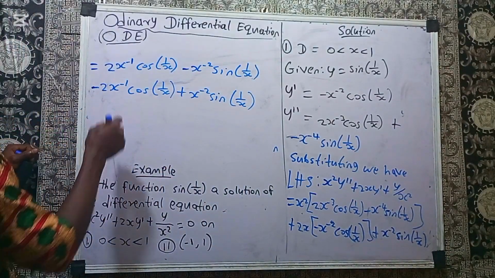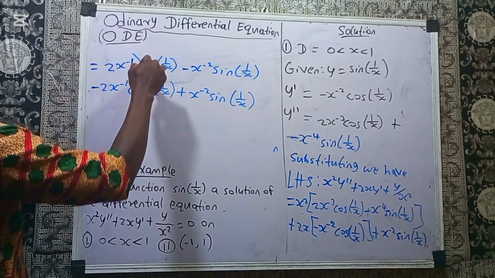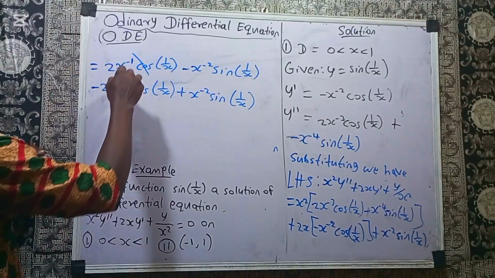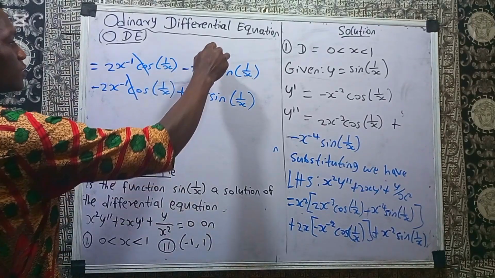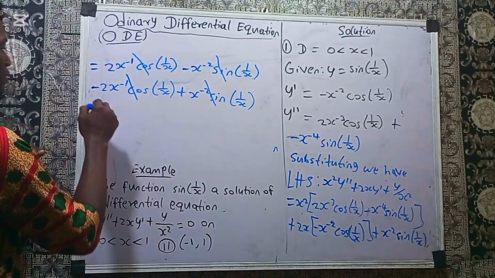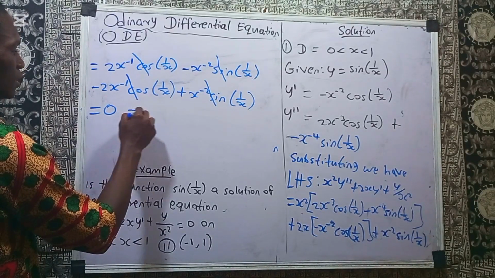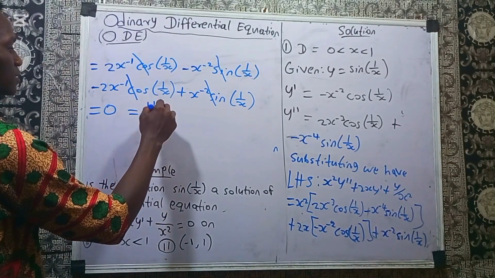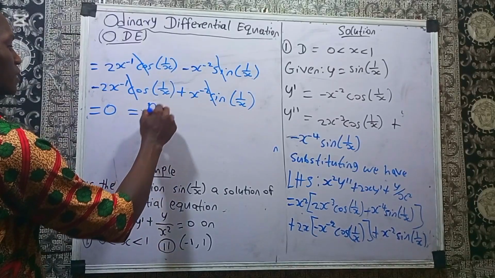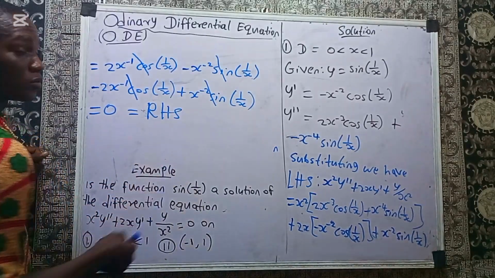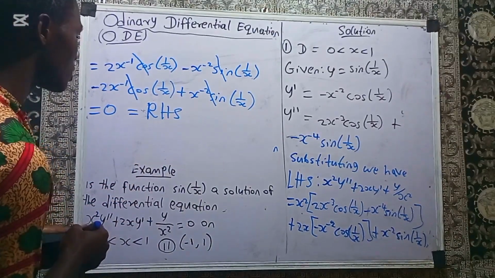So what will happen? This quantity will remove this quantity, and this will remove this quantity. So we'll have 0 at the end of the day, which is our right hand side, right? So what is our conclusion?